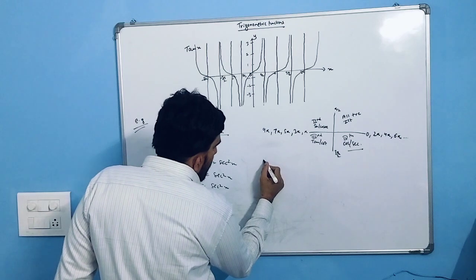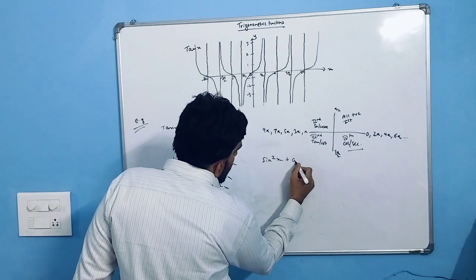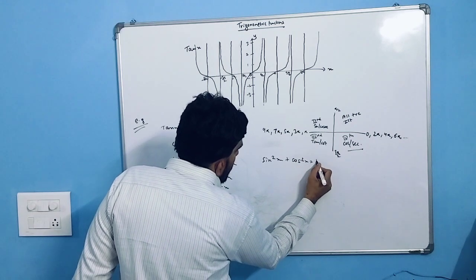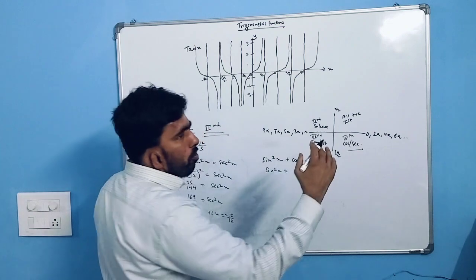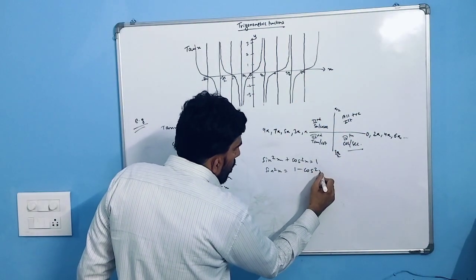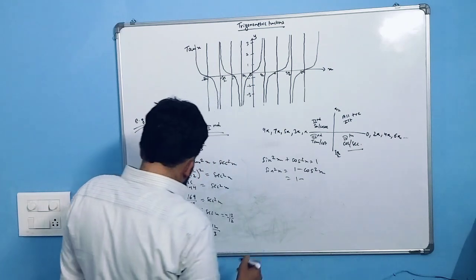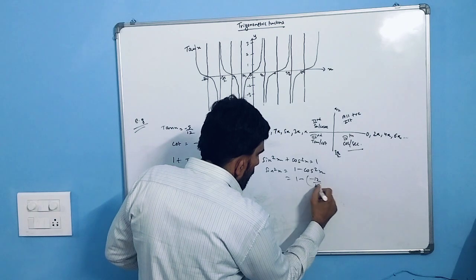How will we find the sine? Using the identity. Sine square x we need to find. We'll take cos square x to the RHS side, 1 minus cos square x. So 1 minus cos square, we found this value. So I got this.